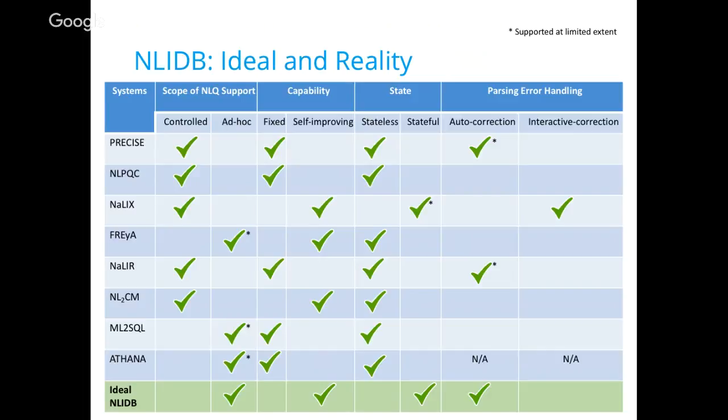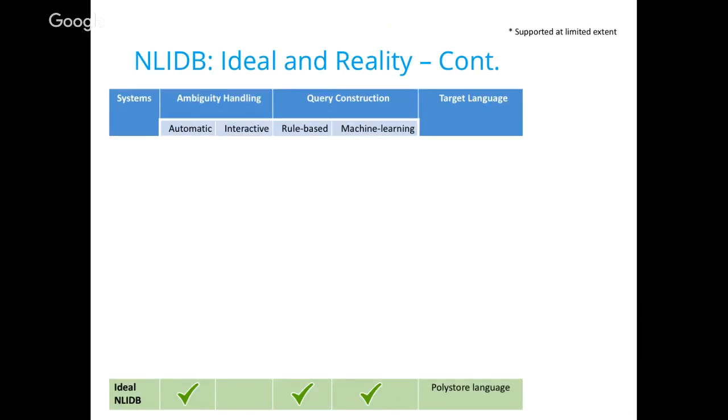And when we handle parsing error, even if we cannot handle it completely, maybe for the common types, like what the precise is doing, right? For the common types, can we have some way to address them? Looking at other aspects, right? Ambiguity handling. Ideally, we want to do it automatically.